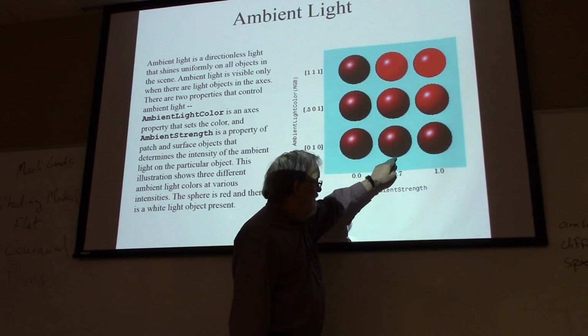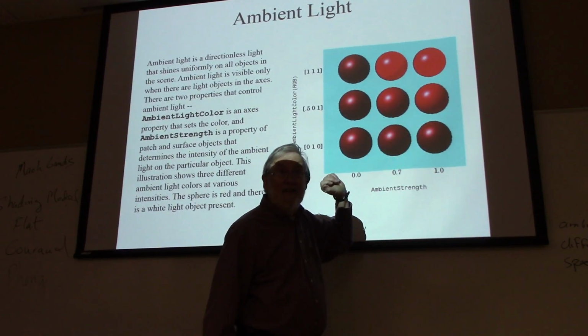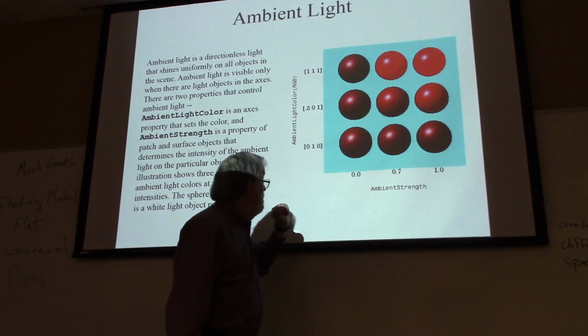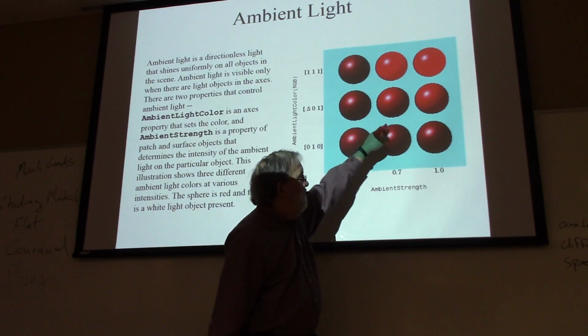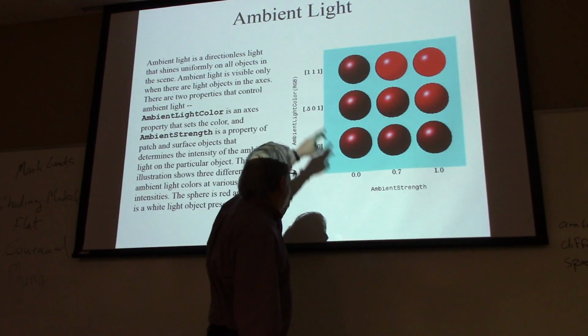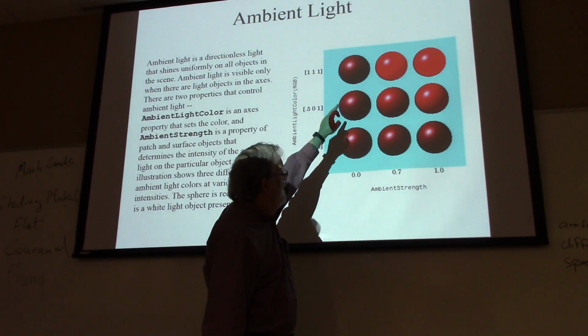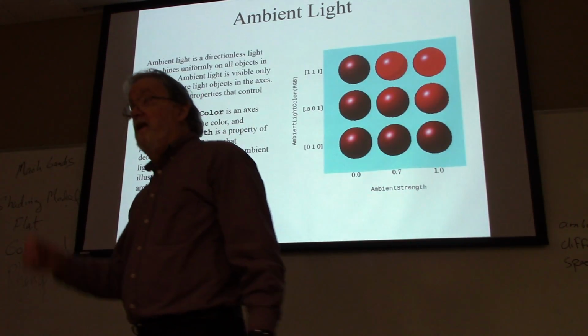Is there any difference in color from the three? The answer is, I hope, no. If there's a little bit of red, then that's going to appear there. Right? And there's even more red, and that's going to produce a stronger red effect there. Okay.